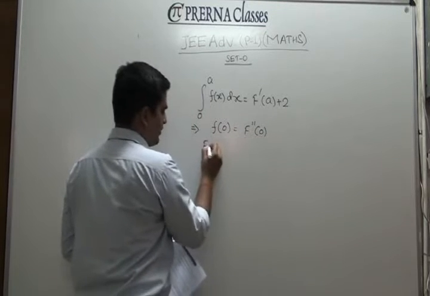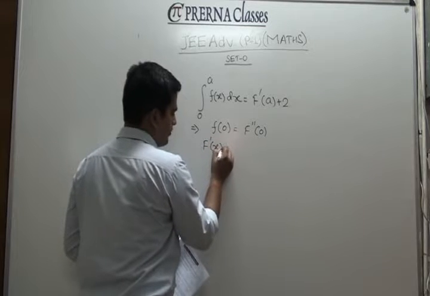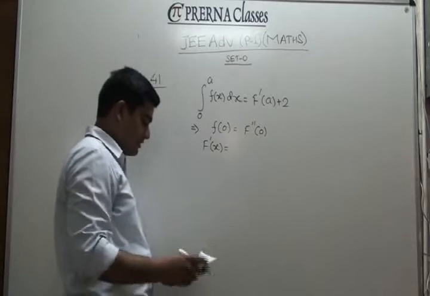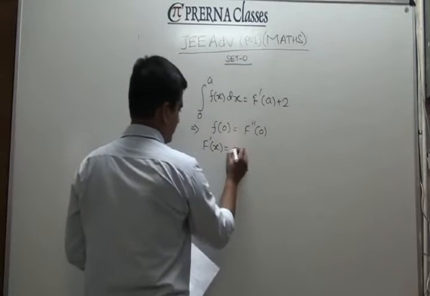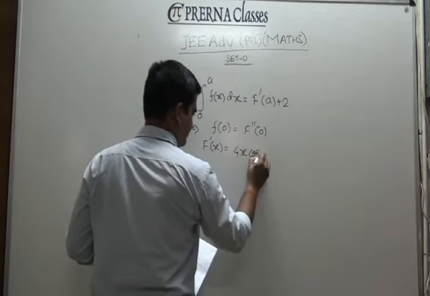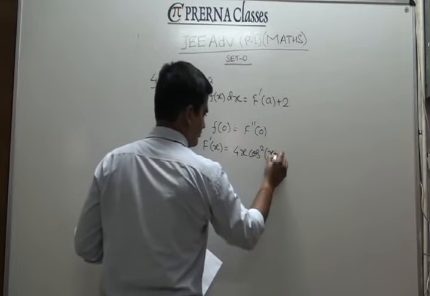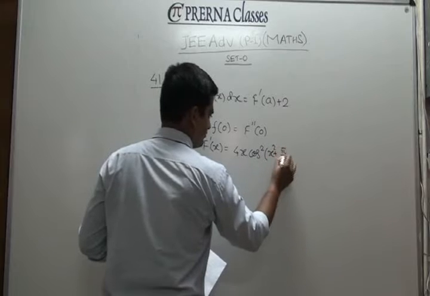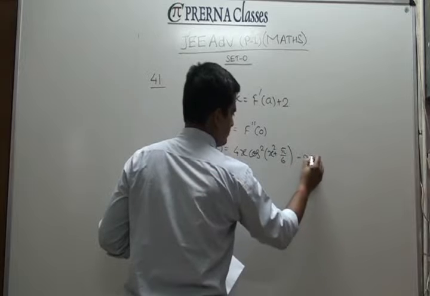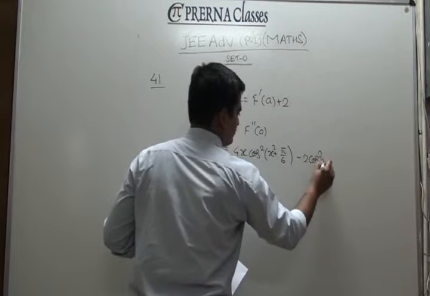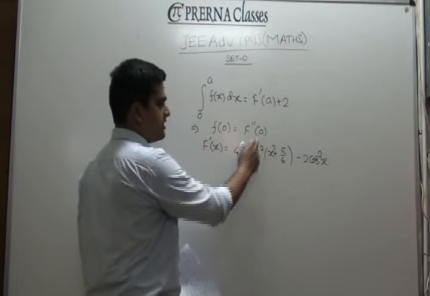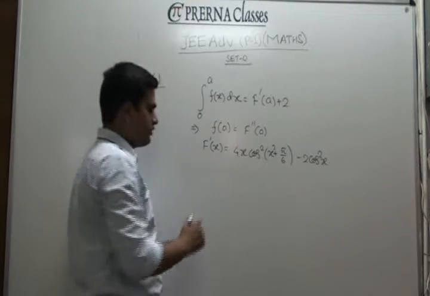And the way f of x was given, if you differentiate that function f of x, you will find that it is related with this much. So effectively we have to differentiate it further, and then you have to put x equal to 0.